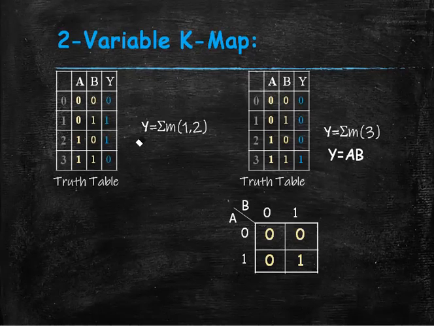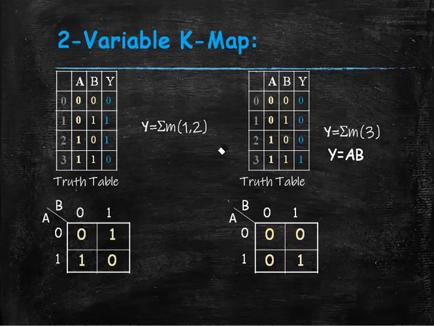Then we obtain a truth table from the SOP, and then we express the Karnaugh map. Okay, the Karnaugh map is for the position of 1 and position of 2, there must be 1 and the remaining must be equal to 0.